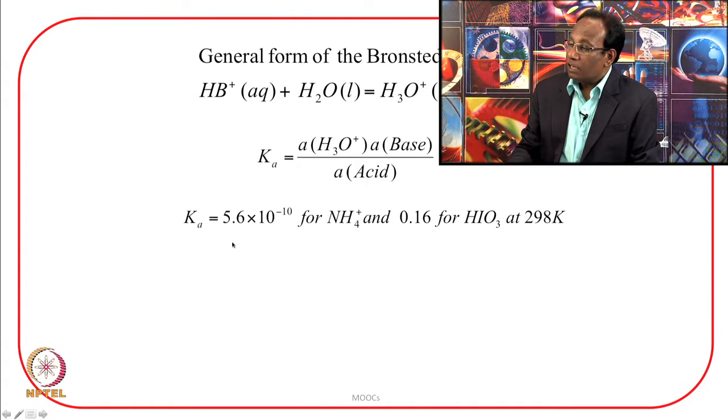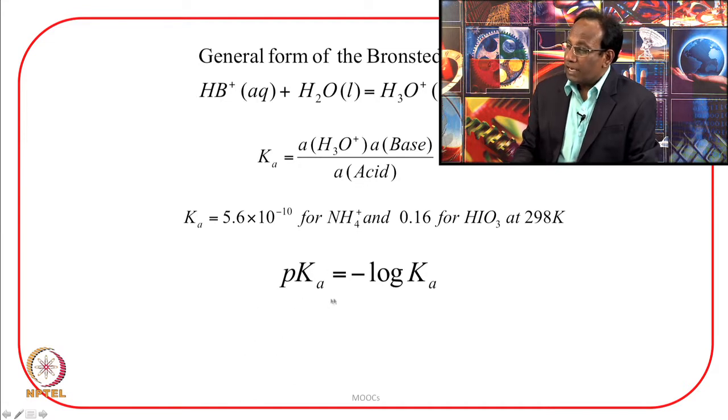And since Ka has been introduced, it makes sense to introduce another simpler quantity which is based upon Ka, and that is pKa. pKa is the negative logarithm of Ka, this is log base 10.